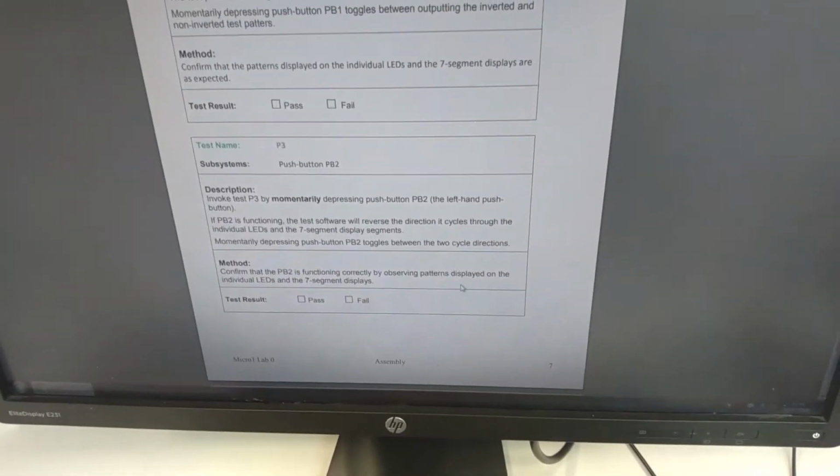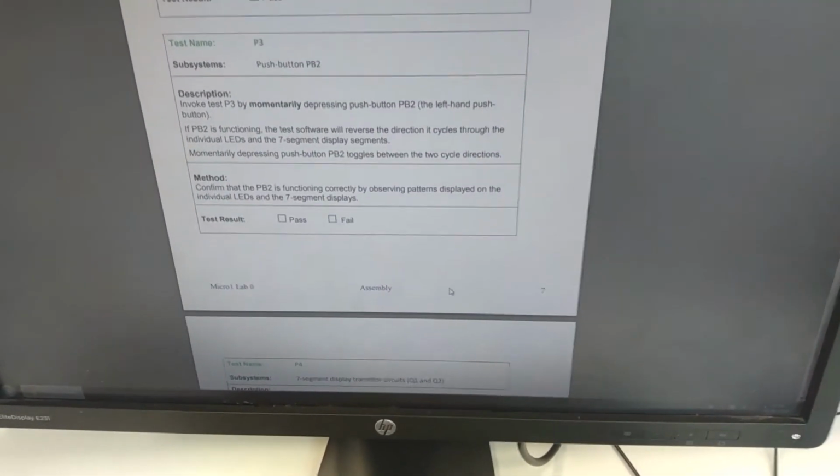Next mission, P3. P3 asks us to test the function of push button PB2.